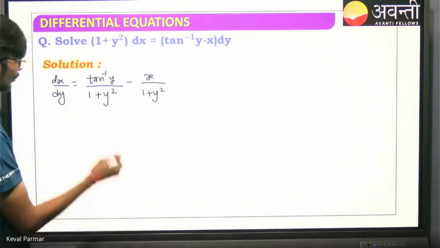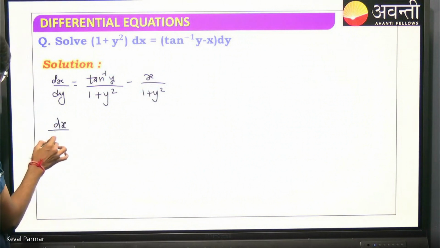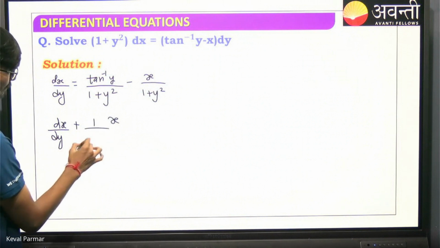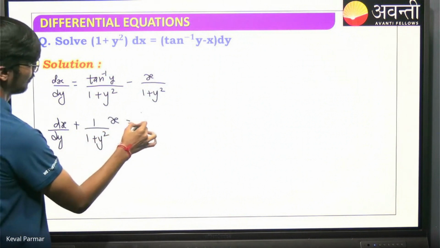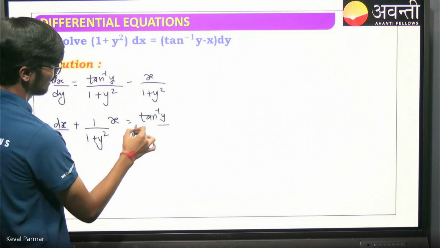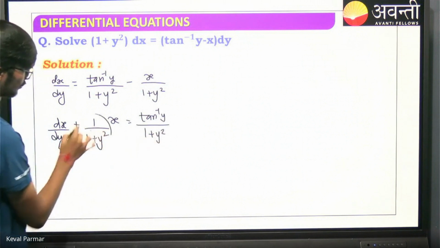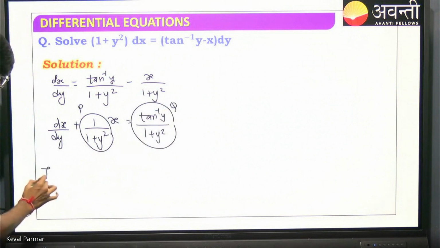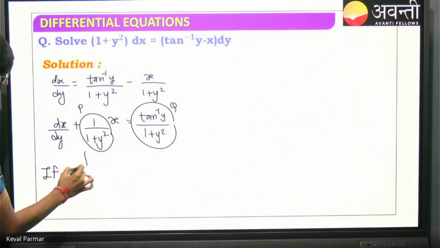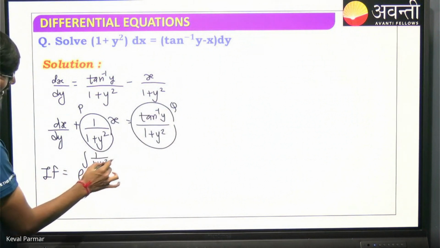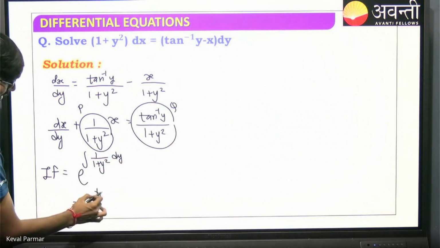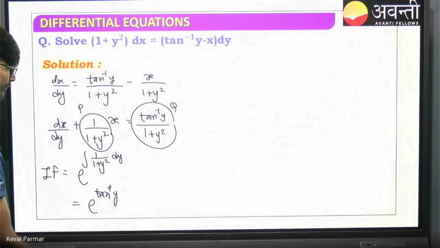So I can rearrange this and write dx over dy plus x times 1 upon 1 plus y square is equal to tan inverse of y upon 1 plus y square. This is p and this is q. So my integrating factor will be e raised to integration of p dy. What is the integration of this? It is e raised to tan inverse of y.